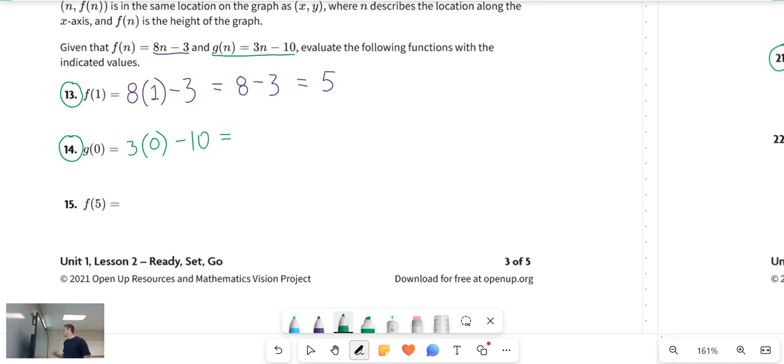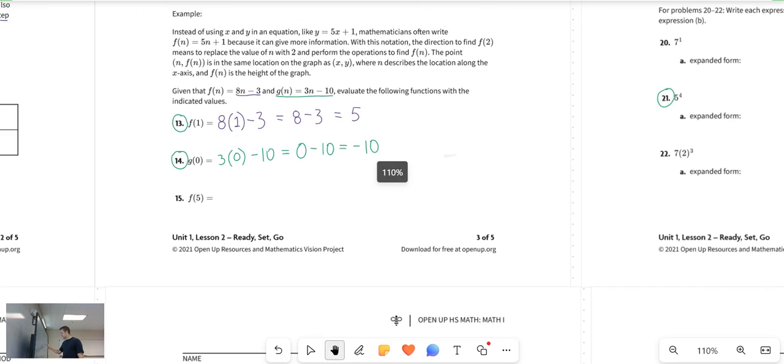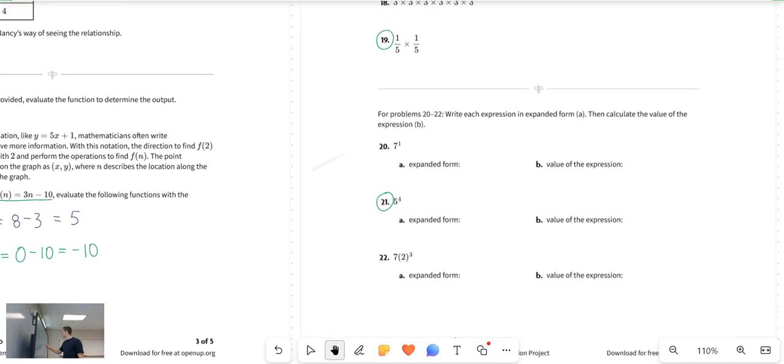We start out with 3 times 0, which is just 0, and then we subtract 10. 0 minus 10 is just negative 10. So that is our answer for number 14, negative 10. All right, and let's keep on moving.